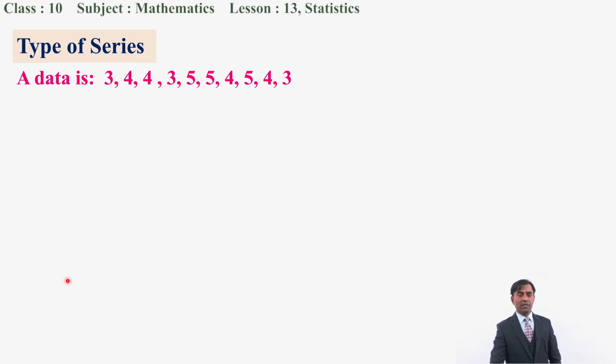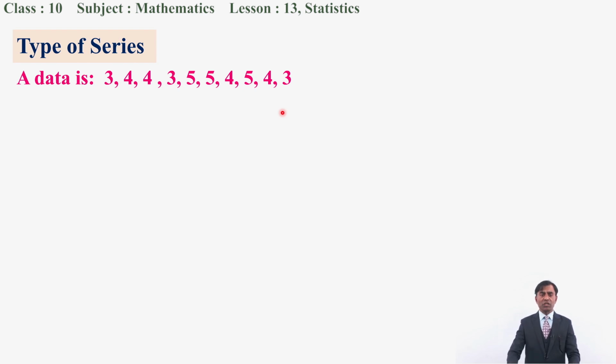Look here, a data is given: 3, 4, 4, 3, 5, 5, 4, 5, 4, 3. Here 4 is repeated 4 times, 3 is repeated 3 times, 5 is repeated 3 times, but these data are an individual case.